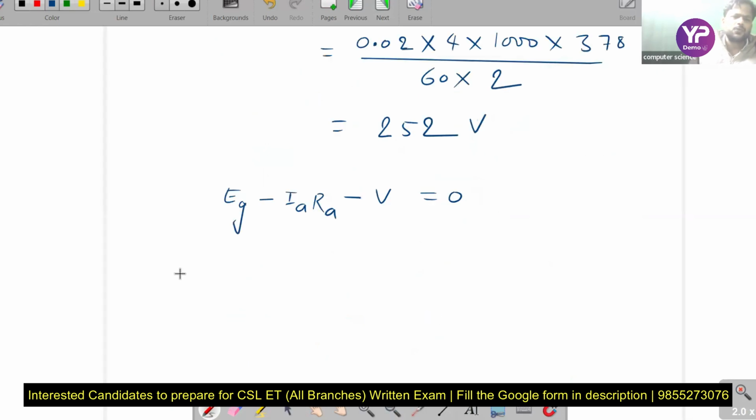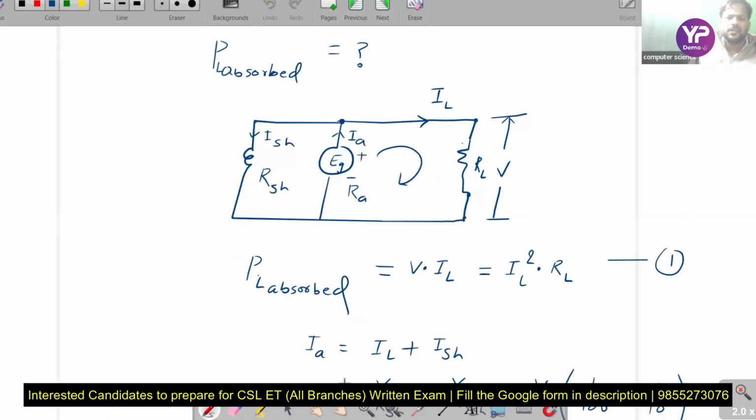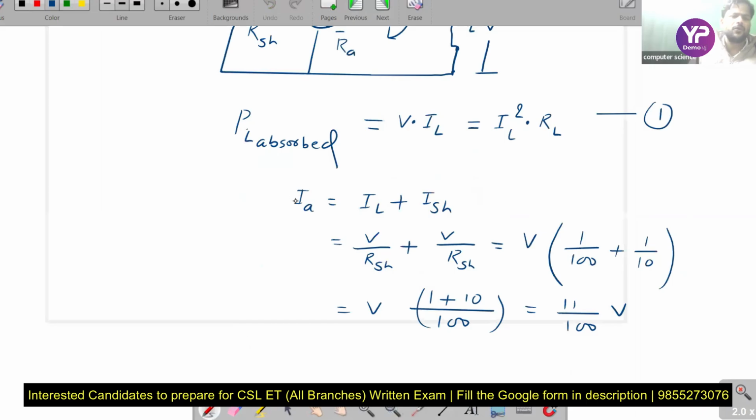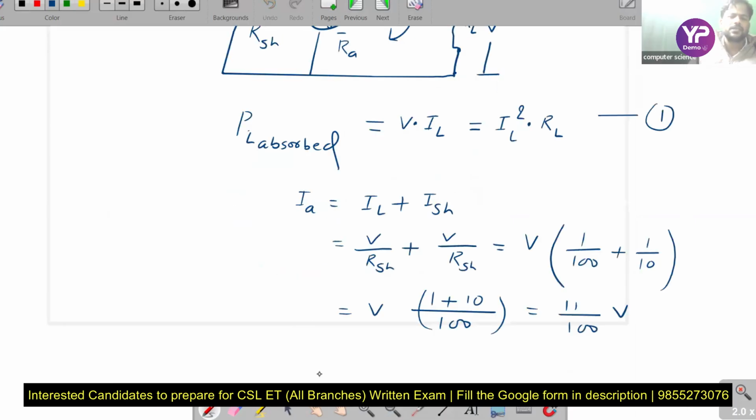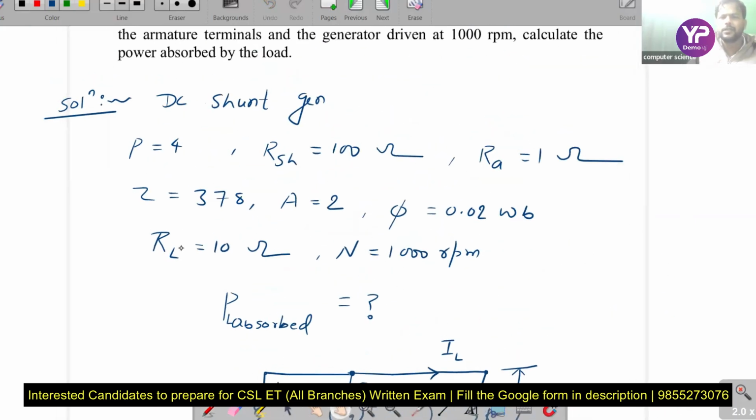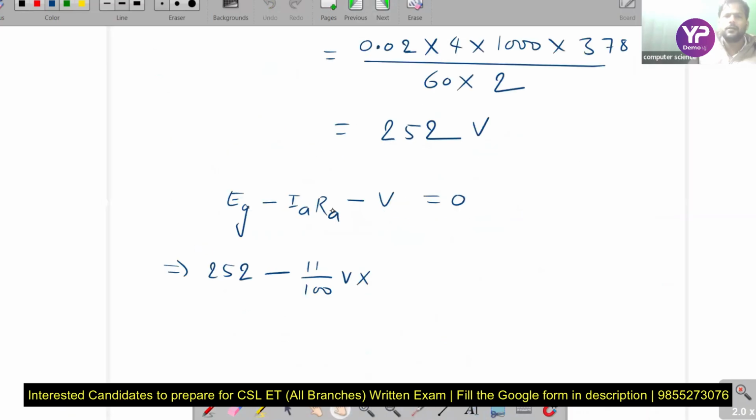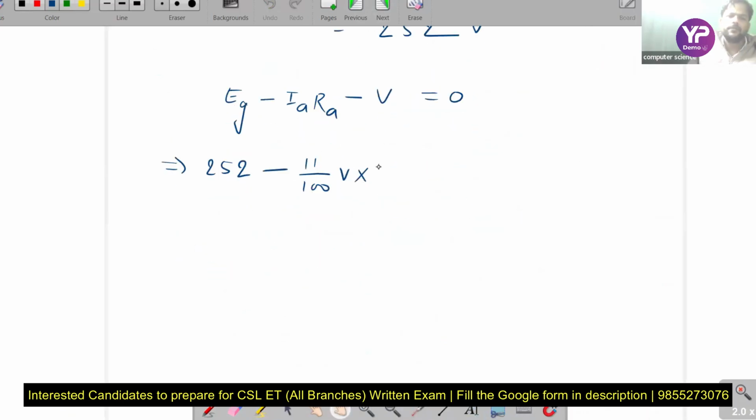Here E_G is 252 minus I_A, whose value in terms of voltage is 11 by 100 into V. Put this value here, 11 by 100 into V. R_A is the armature resistance, and the armature resistance for this circuit is 1, minus V equal to 0.